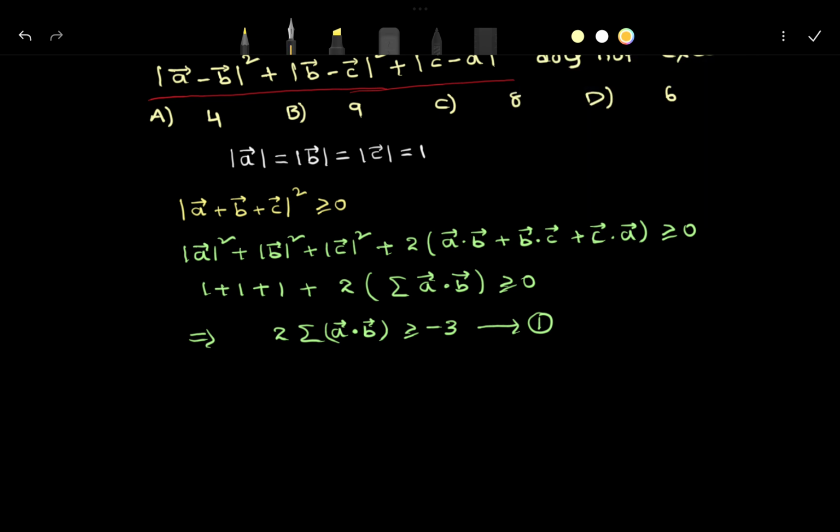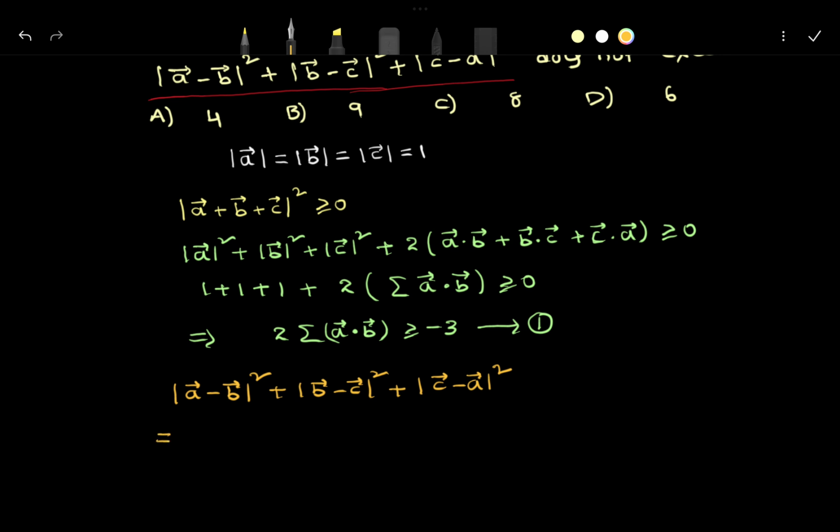After this, now you take the given expression, modulus of a bar minus b bar whole square plus modulus of b bar minus c bar whole square plus modulus of c bar minus a bar whole square. Now you expand this value.